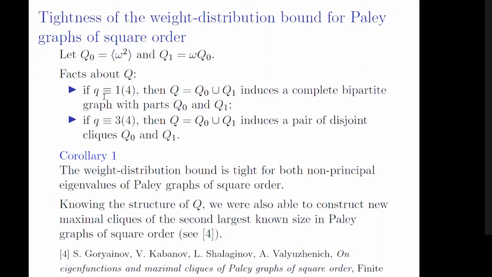Here are 2 more facts about Q. If q is congruent to 1 modulo 4, then Q0 and Q1 induce a complete bipartite graph with parts Q0 and Q1 of size (q+1)/2. And if q is congruent to 3 modulo 4, then Q0 joined with Q1 induces a pair of disjoint cliques Q0 and Q1.